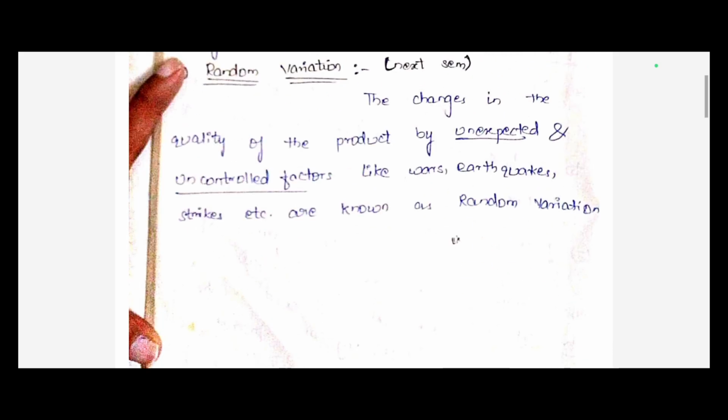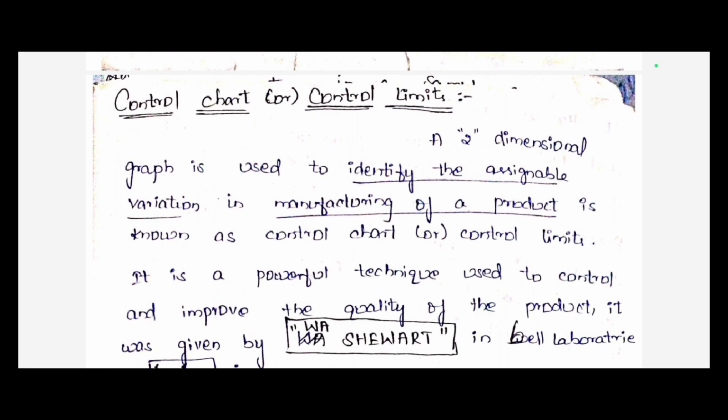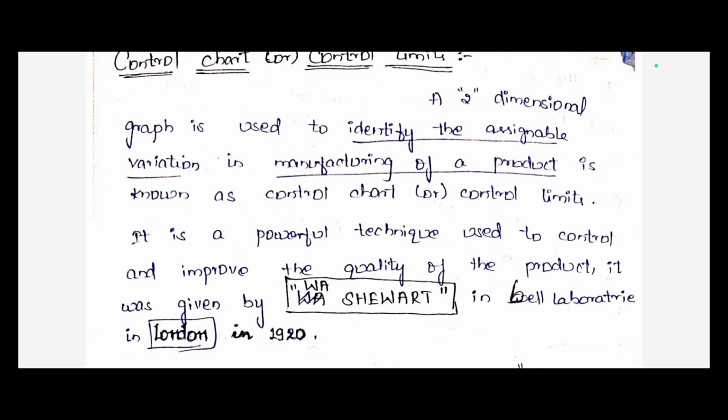Coming to the next, very important point, the control chart or control limits. A two-dimensional graph used to identify the assignable variation in manufacturing of a product is known as a control chart or control limits.